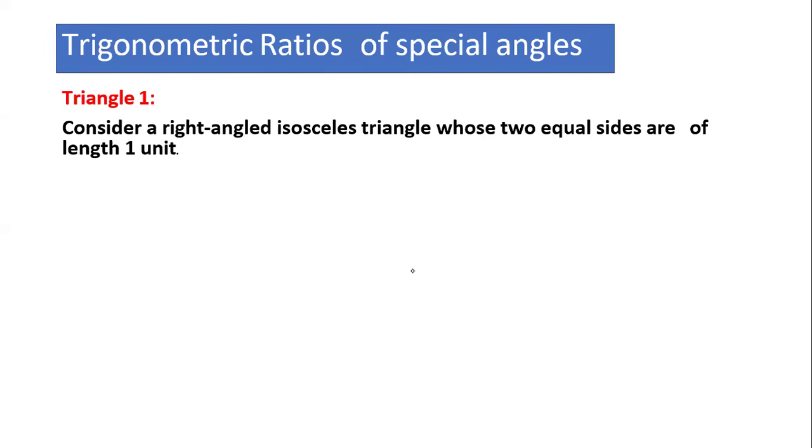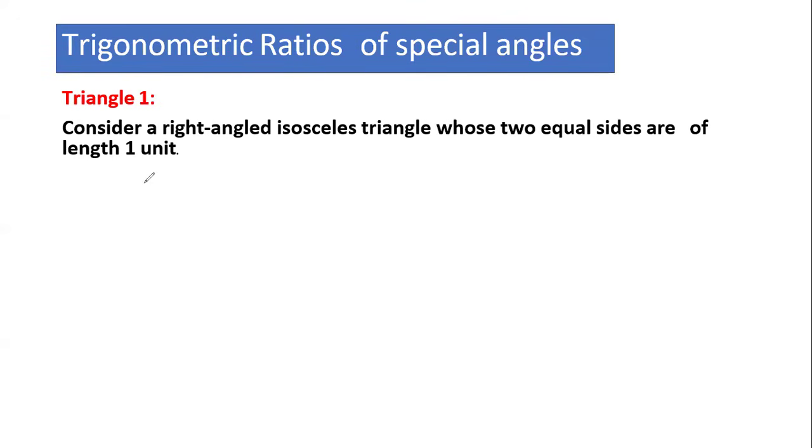That's what we are going to look at. And after looking at that right-angled isosceles triangle, we are going to go on and look at another one. We know about an isosceles triangle, and we know that an isosceles triangle will always have two sides that are equal.